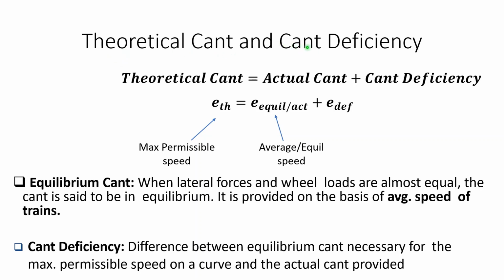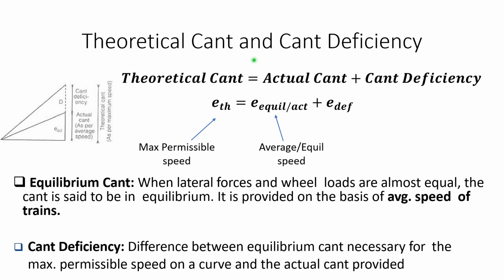So as I told you, the limiting value of super elevation on Indian Railways is limited to 1/10 of a gauge. So as per the maximum speed, we are getting the theoretical Kant. We have discussed in the earlier case, say for a train which is traveling at a speed of 90 km per hour, the super elevation required will be 42.6 centimeter.